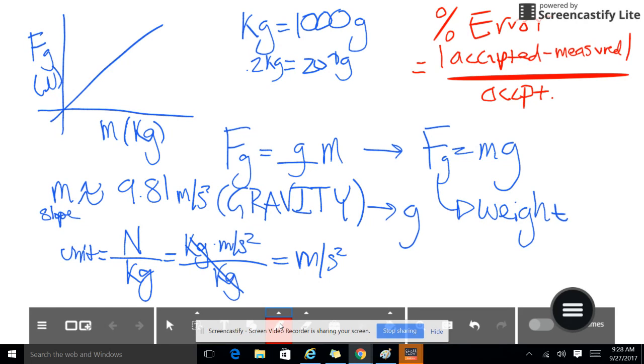And you multiply this whole thing times 100 and express it as a percent. So if you got, say, 10 meters per second squared instead of 9.81, you would write 9.81 minus 10, so the difference between those two, divided by 9.81.